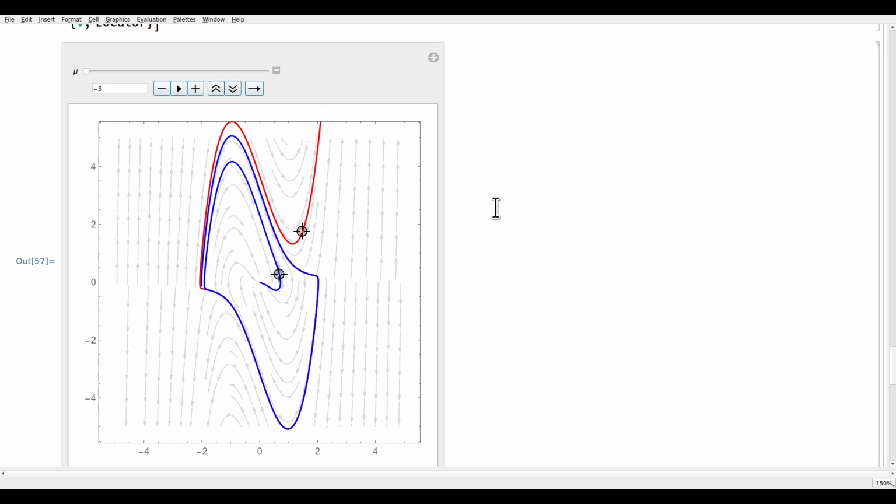Let me pop open this, and you can see this is for mu equals -3. For this value of mu, the vector field has a stable node at the origin, and that's what you see here. If you go in reverse time, this solution backs up and seems to be coming from a sort of lopsided closed orbit.